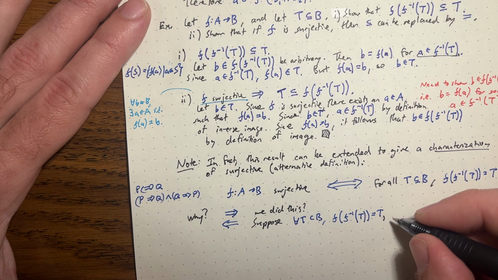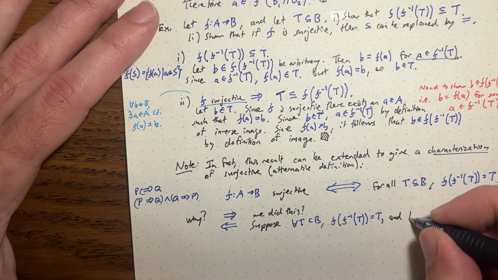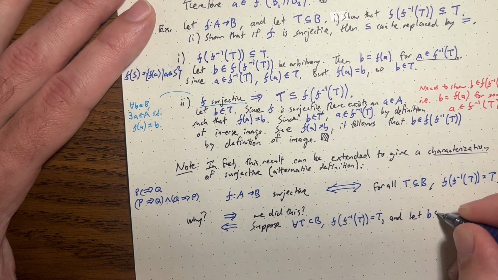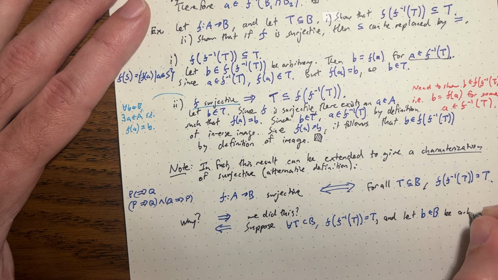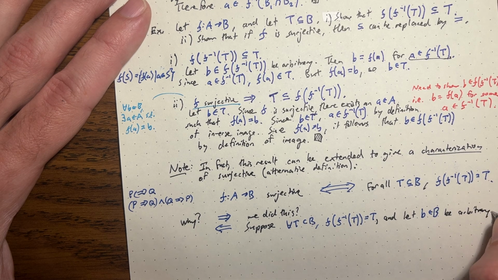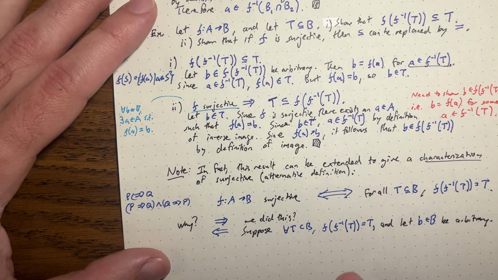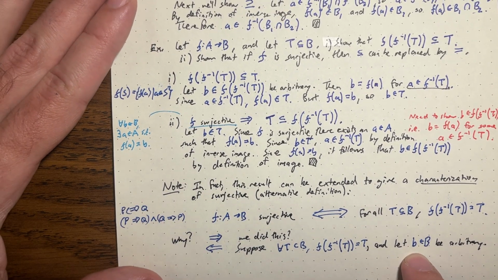So we're supposing that, and we want to show for all b something is true. So let's take an arbitrary b, little b in B. Okay. How are we going to find an A that maps to that b? That's our goal.